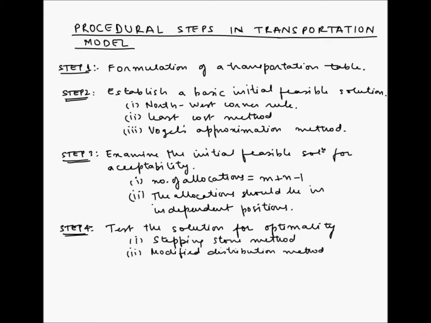Now, after the optimality test, if the optimality test shows that the solution is not optimal, then we make changes to improve the solution, which is our step number 5.